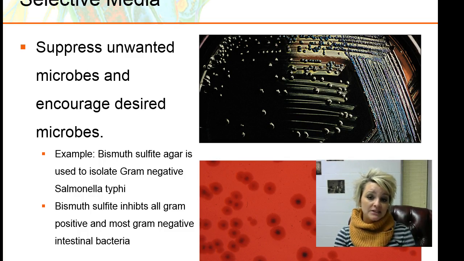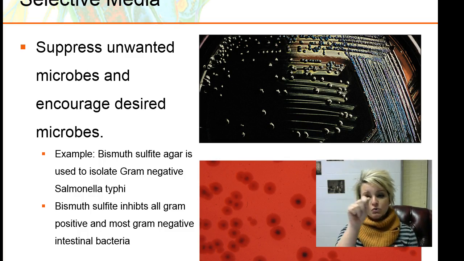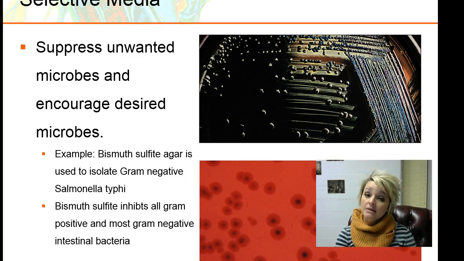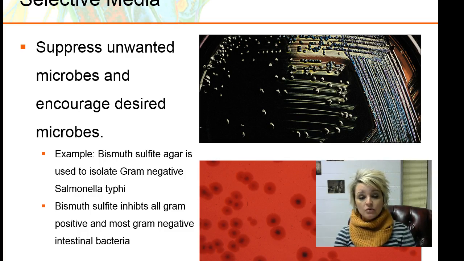So if I suspect that you have Salmonella, I could take a fecal swab. I could swab it on the bismuth sulfite agar, and I could incubate that. If something grows, that tells me that you have Salmonella. If nothing grows, I don't know what you have, but I do know you don't have Salmonella.